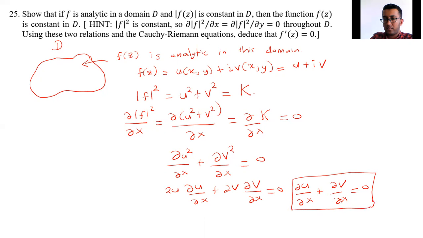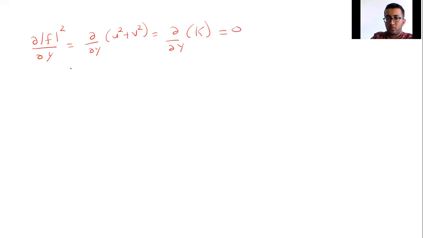So I think that part is clear. And also I can evaluate ∂|f|^2/∂y, that is equal to ∂/∂y of (u^2 plus v^2). This is equal to ∂k/∂y, and this is 0, right?